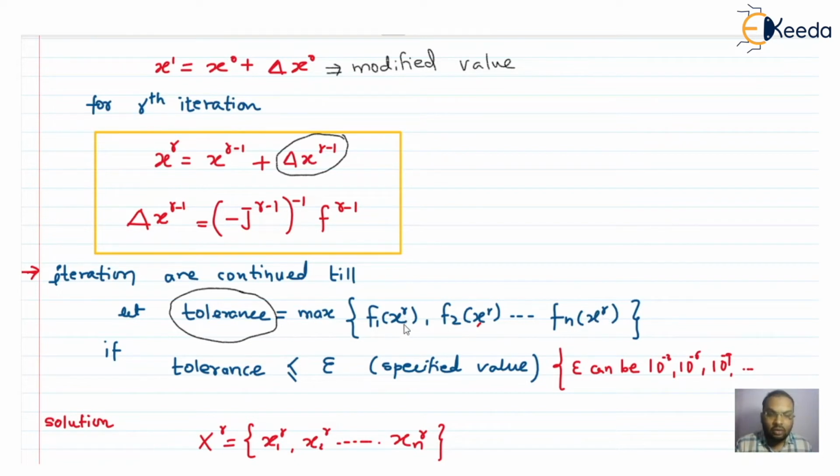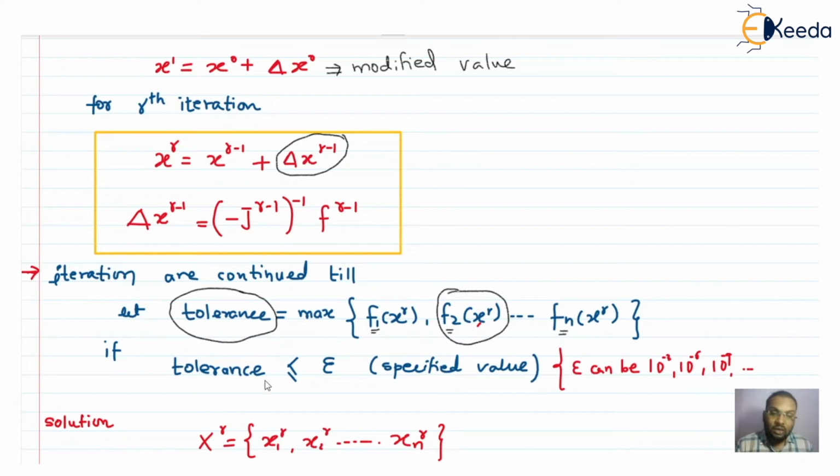You evaluate each function value in each iteration, then find which function gives the maximum value. Let us suppose that in this case f2 gives the maximum value. You take f2 here and check whether it is less than or equal to the specified value or not.